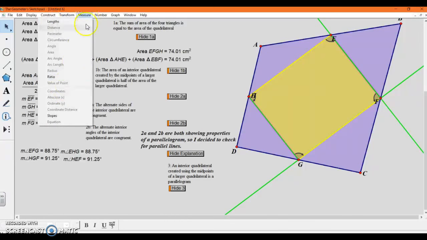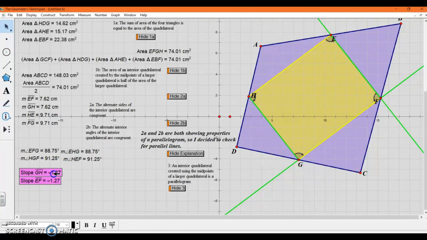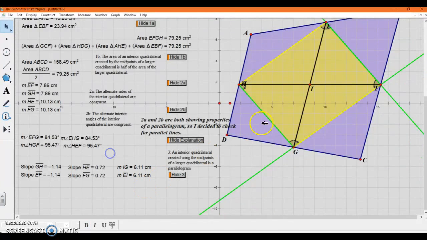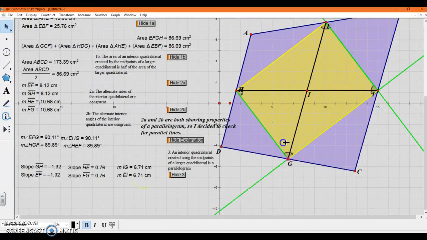If it's a parallelogram, the opposite line segments will have the same slope. So we can measure the slopes to prove that these line segments are in fact parallel to each other. In a parallelogram, the diagonals will bisect each other. So these line segments should be equal to each other, and they are when we measure.